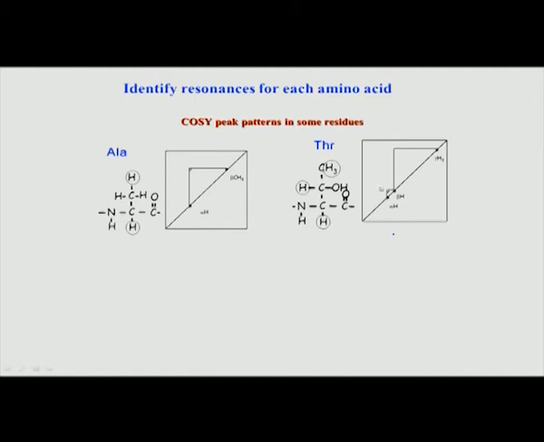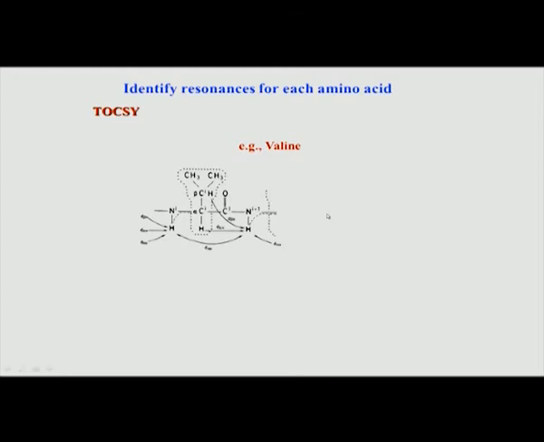Similarly, for threonine you again get 3 bond proton to proton correlations. There are 3 protons here: alpha, beta, gamma. So, alpha gives a correlation to beta, and beta gives a correlation to gamma. Okay. Similarly for many amino acids like this.